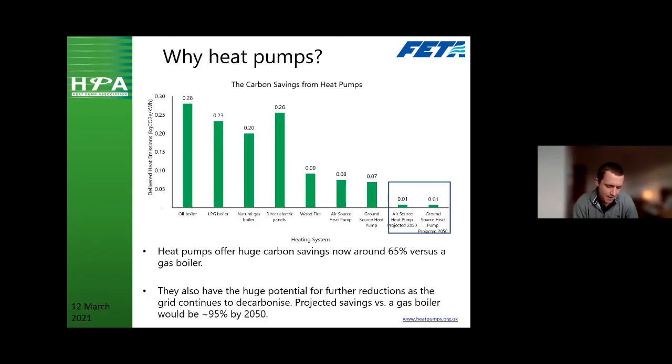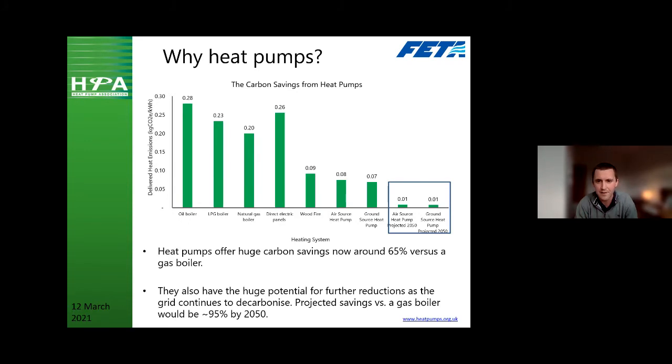So really, why has that come about? And it's all to do with the carbon savings that heat pumps offer. So I actually made this graph probably last year, and the grid is continually decarbonising at the moment and becoming cleaner. And when I made this graph, heat pumps were already offering a carbon saving of around 65% versus the gas boiler per kilowatt hour of heat output that's produced.